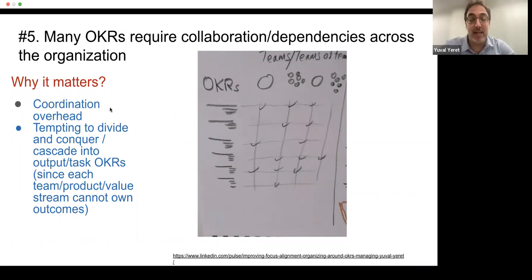So it's very tempting to try to divide and conquer, maybe even cascade into output or task OKRs for each group and what they're focusing on. The reason it looks like output and task OKRs is because each one of these domains or functions or disciplines cannot really own outcomes on its own. They do need to collaborate.